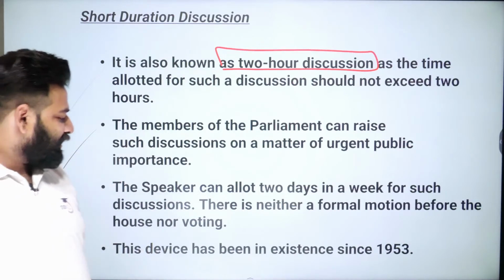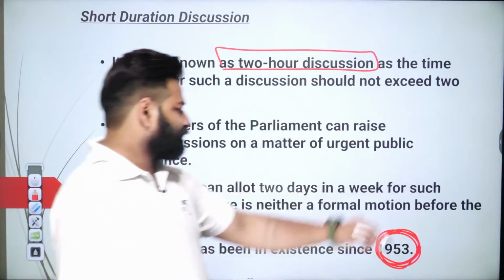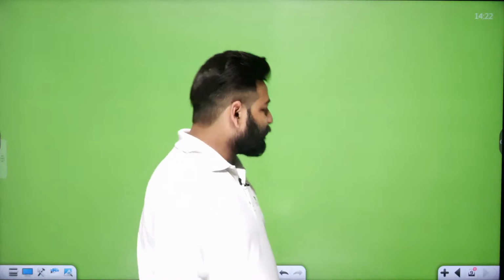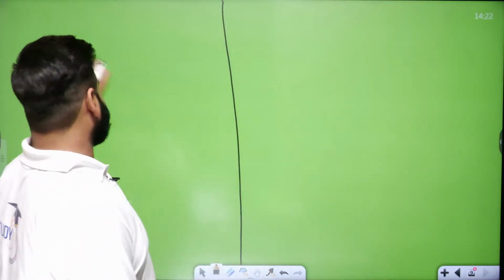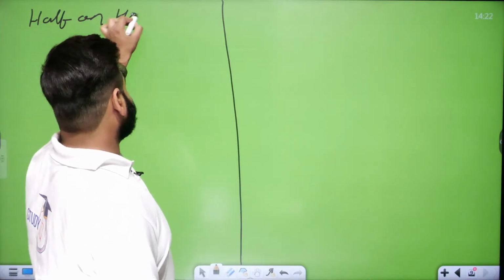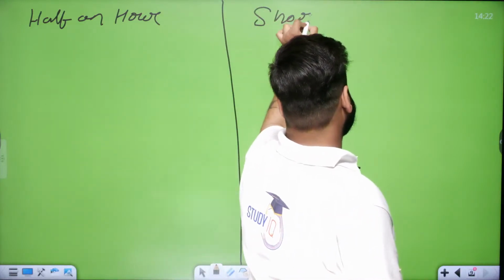It has been running inside the parliament since 1953. What you need to do is differentiate between the two: on one side we have the half an hour discussion, and on the other side the short duration discussion.